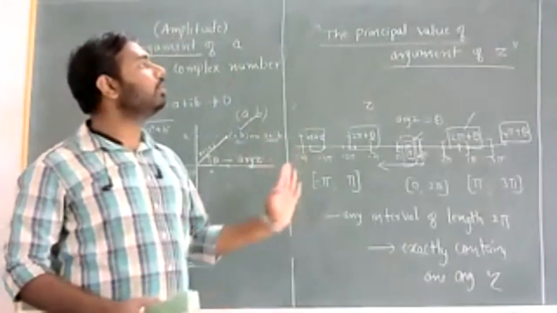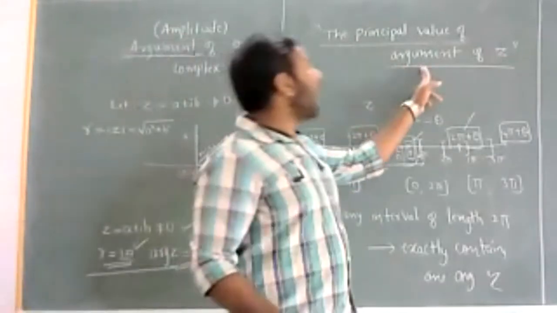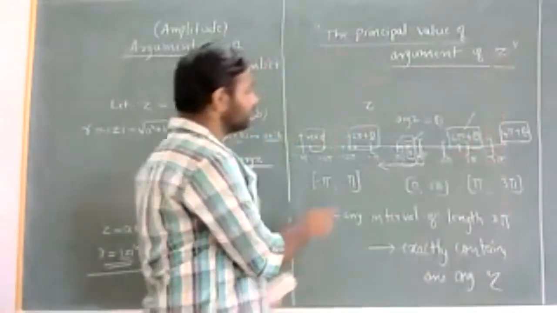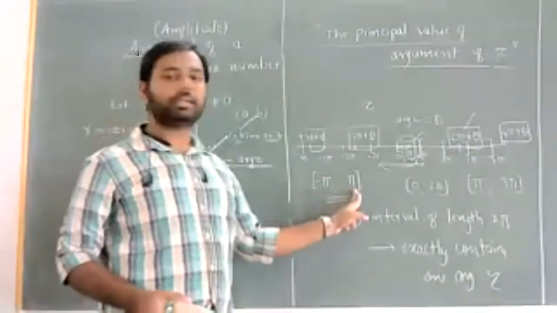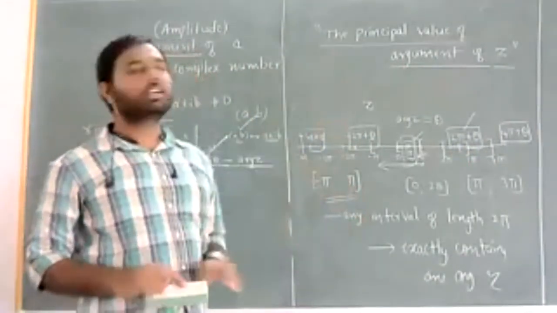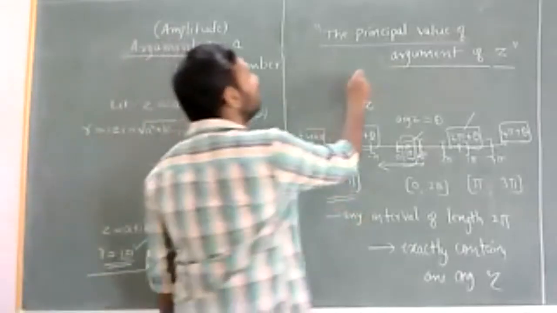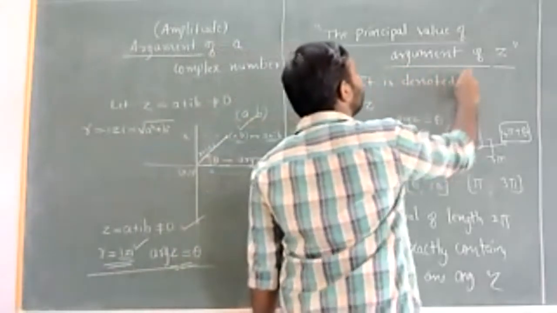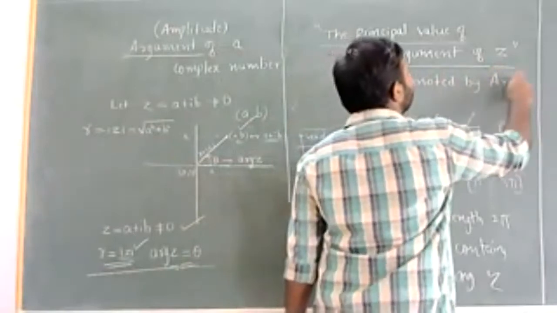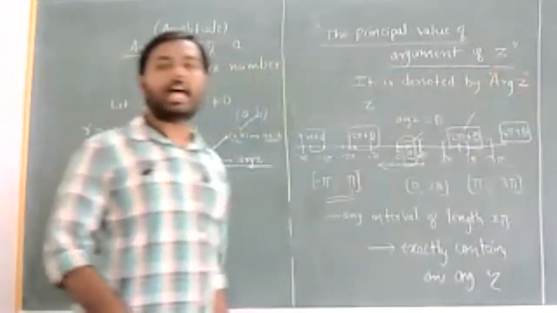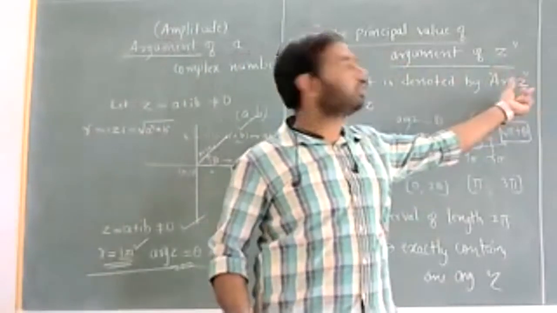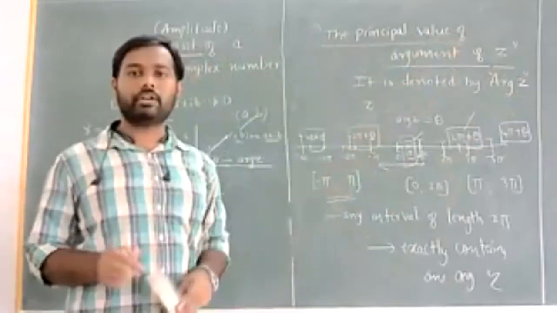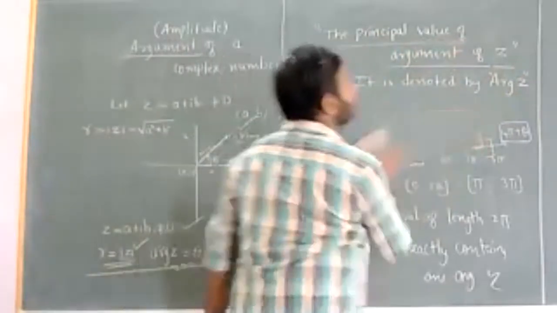So the principal value of the argument of z is nothing but the argument value of z which lies in the interval minus pi to pi. That is called the principal value of the argument of z, and it is denoted by this symbol, capital Arg z. This is the notation for the principal value of the argument of z.